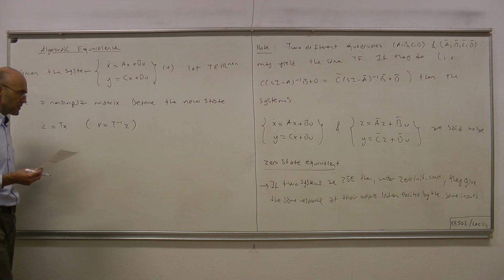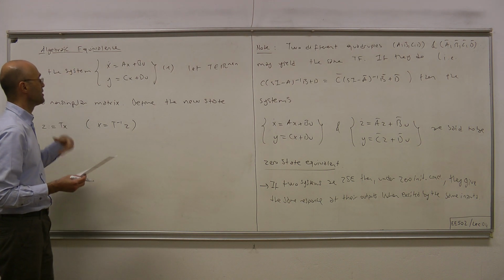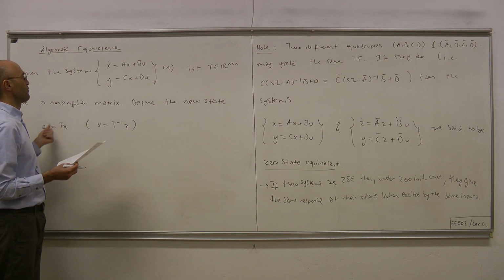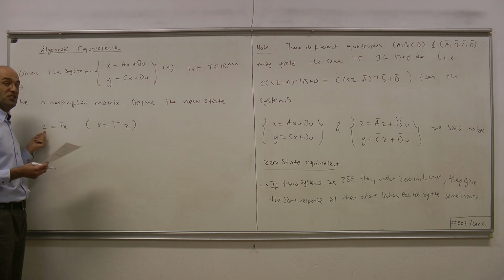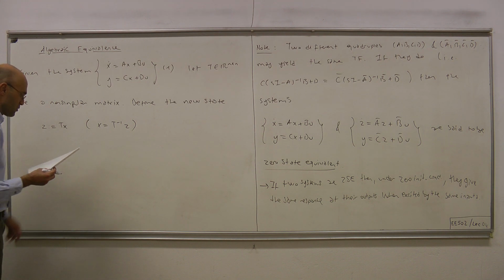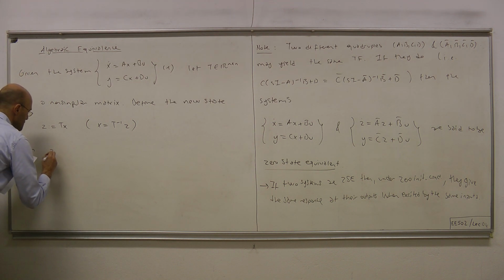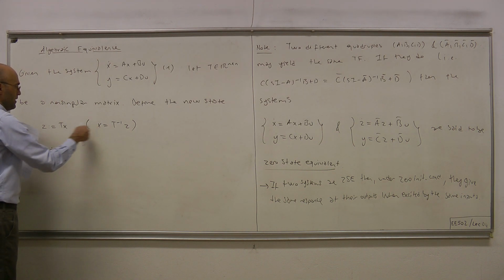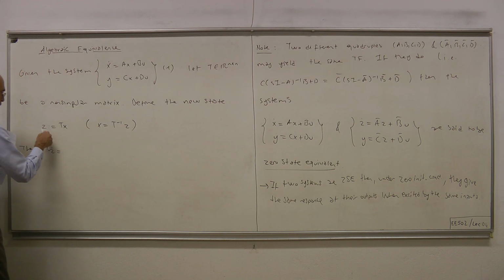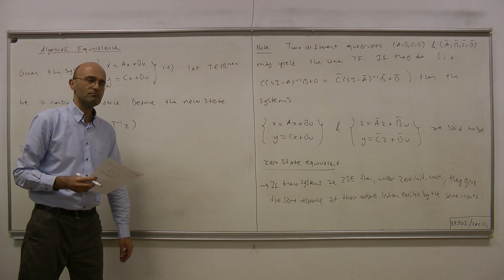Now, the question is, how about the dynamics of the Z system? If you choose for the same system the state as Z, what happens to the ABCD matrices? Let's figure that out. It's quite straightforward. Z dot equals T times x dot, since T is a constant matrix.